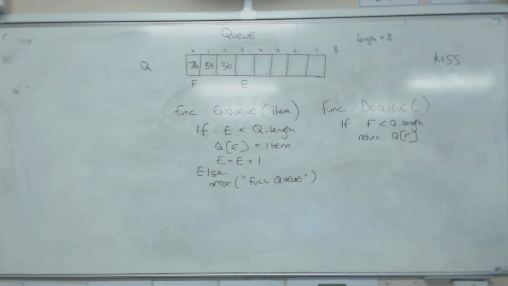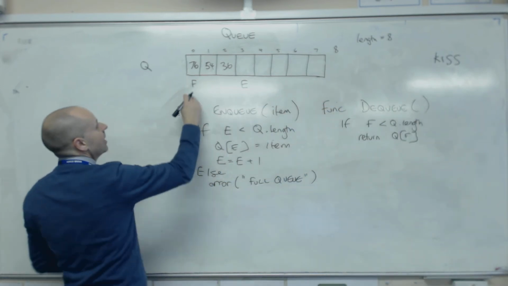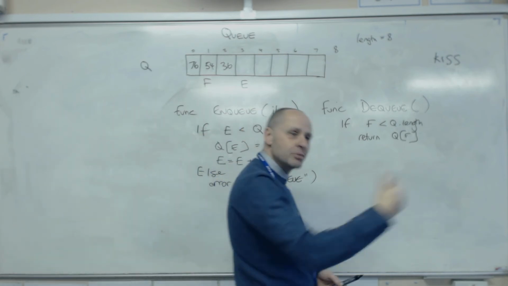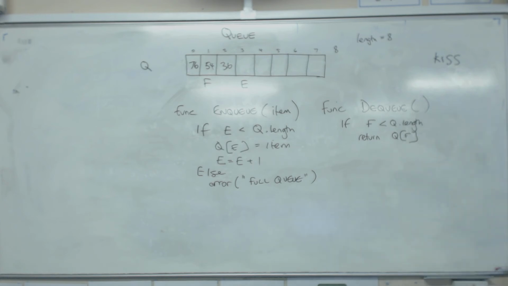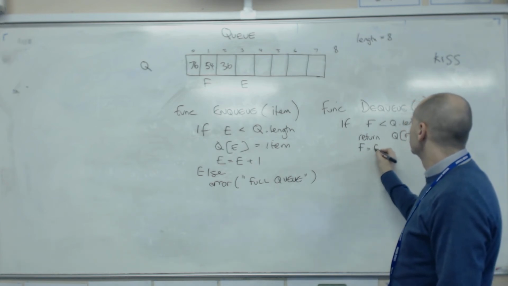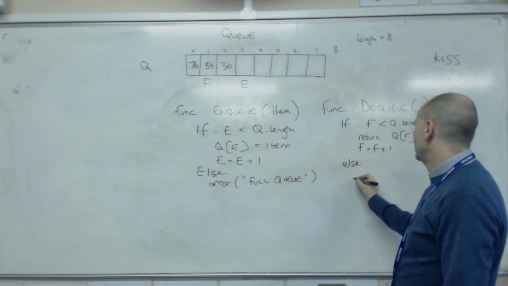Does that seem reasonable? And then we need to increase the front pointer and move it along, don't we? So if I've read that value, let's move F on so it points to the new front, because we've taken something from the front. So I'll do this. Else error: queue empty.